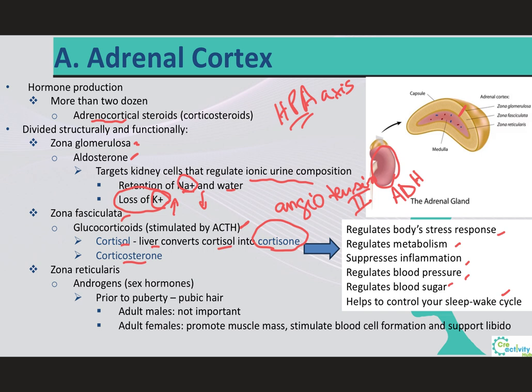Therefore, cortisol raises blood sugar by releasing stored glucose, while insulin lowers blood sugar. And when you have chronically high cortisol levels, this can lead to what we call hyperglycemia, which is persistent high blood sugar levels. And this can cause type 2 diabetes.